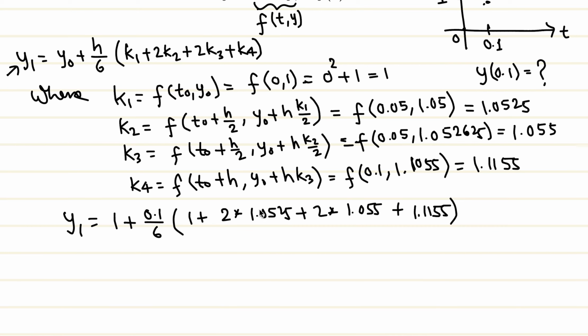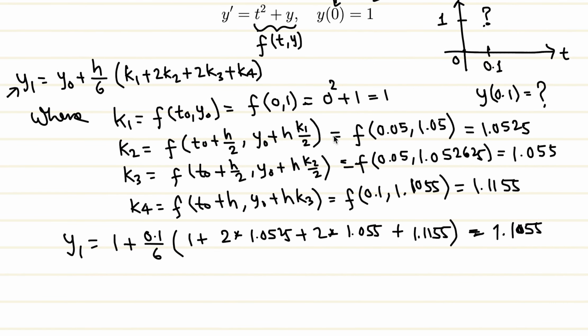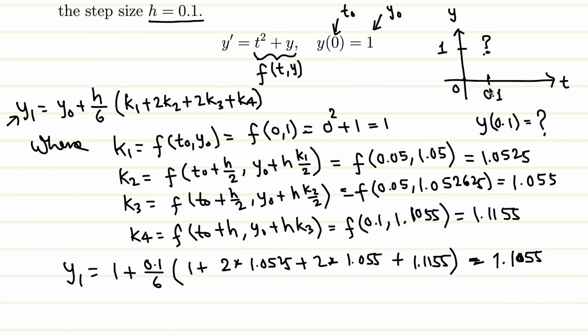Just use your calculator, add these, multiply by 0.1 divided by 6, then add 1. That is 1.1055. So that is the value at 0.1.